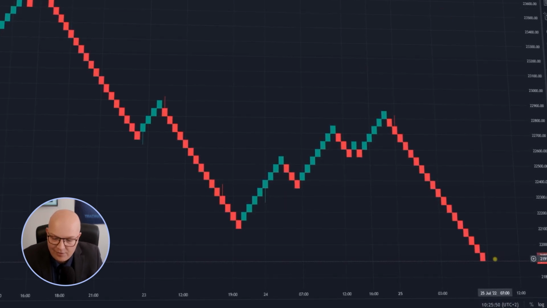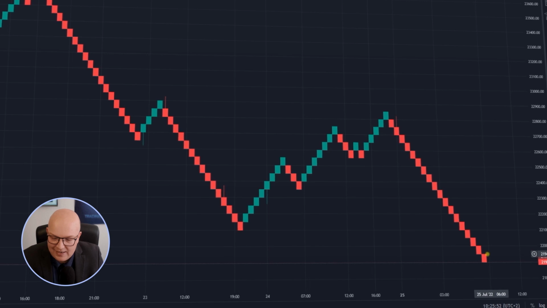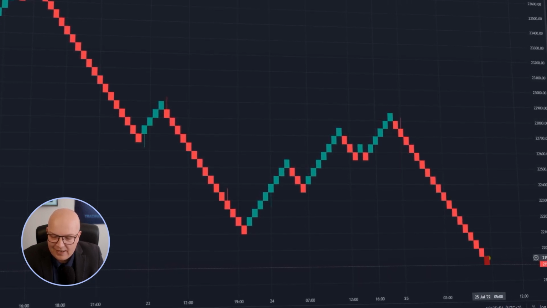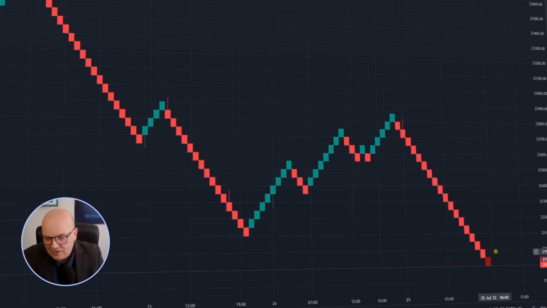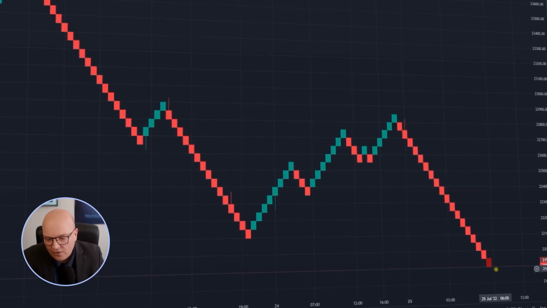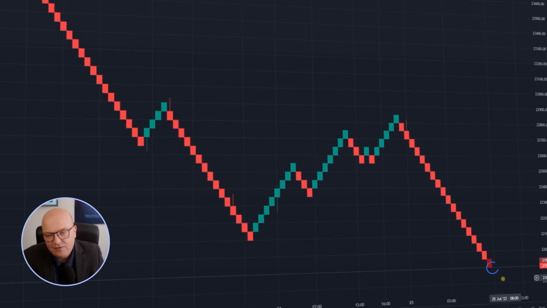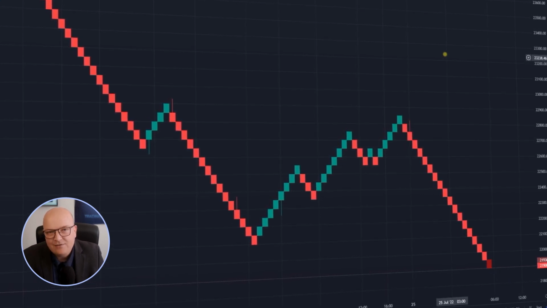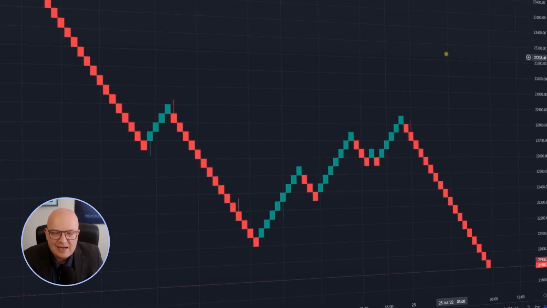So in this example, every time the price moves higher by 50 points or 50 US dollar than the high of the previous box, a green box would be drawn. If the price moves 50 points lower than the low of the last box, a new red box is drawn. And this is independent from the time it takes.